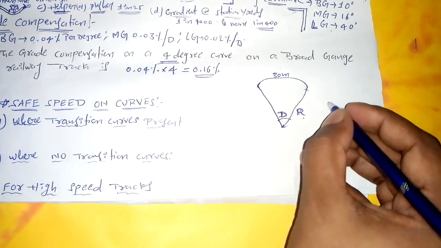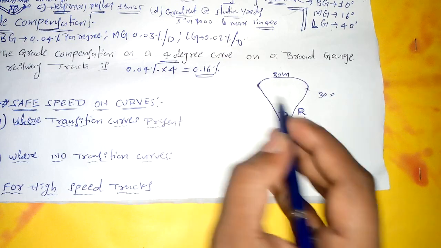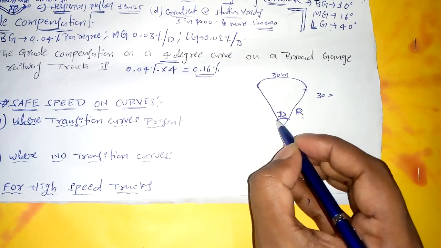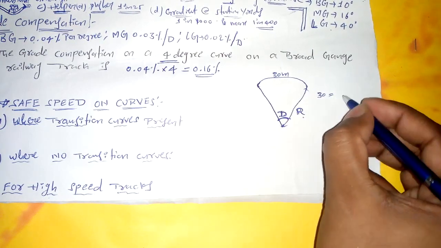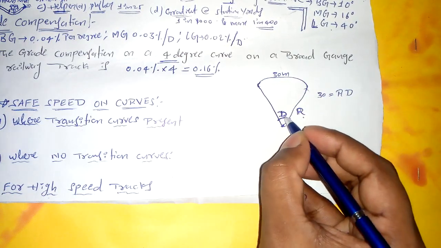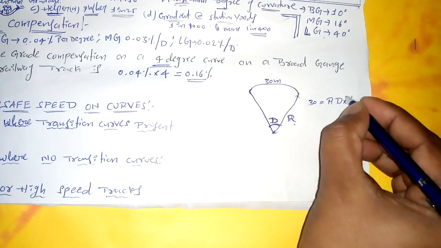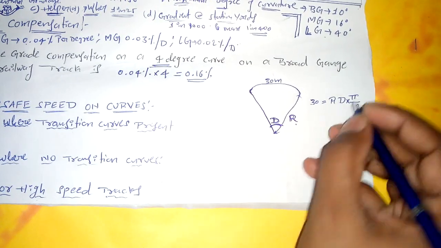So the length of the curve is 30 meter, which can also be determined as the slope into radius or R into D. Here the degree of the curve is in degrees. We need to convert this into radians, so pi by 180.